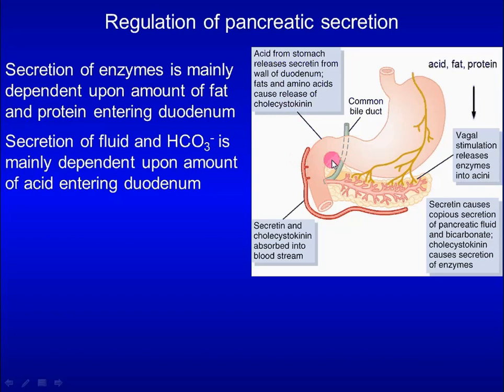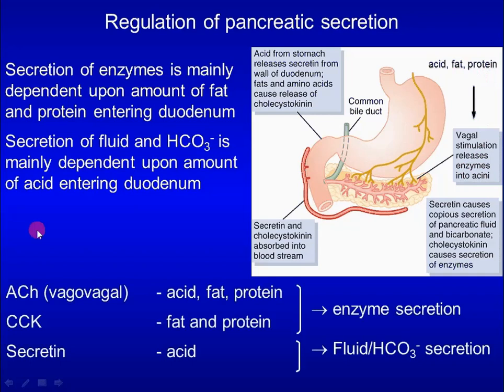CCK increases enzyme secretion. Presence of acid, fatty acids, and amino acids in duodenum stimulate vagus nerve. Vagal stimulation increases enzyme secretion. So this information is summarized in this table.